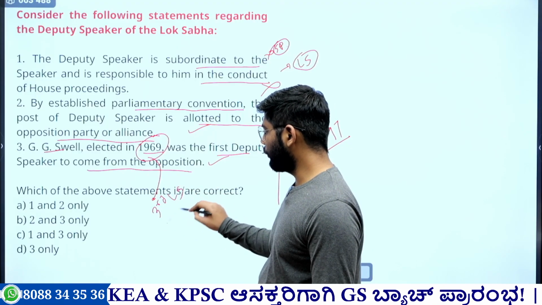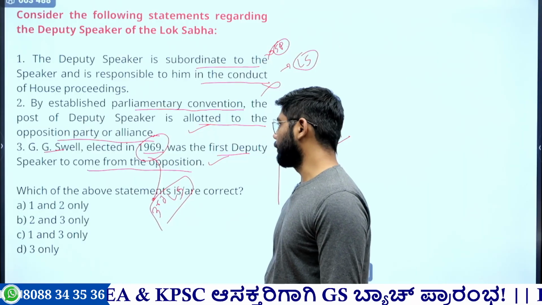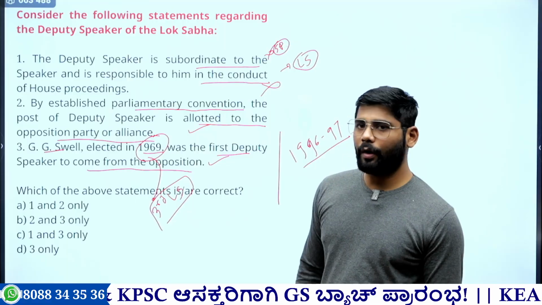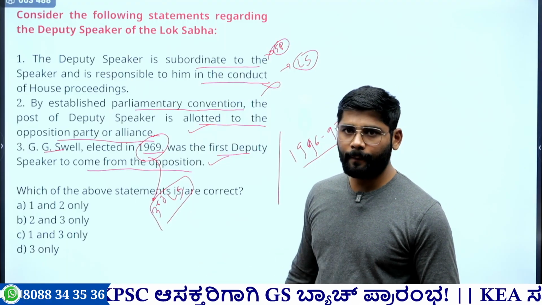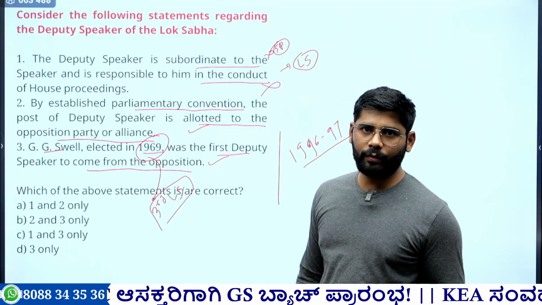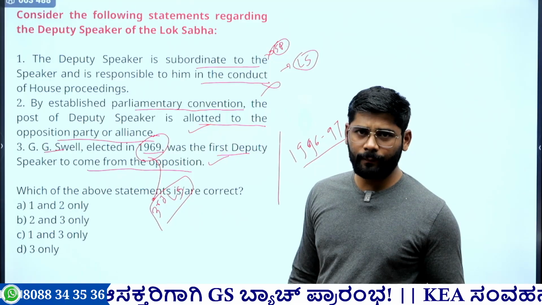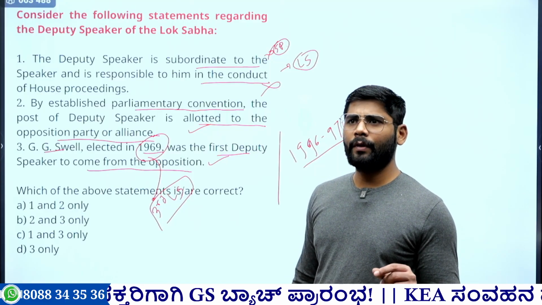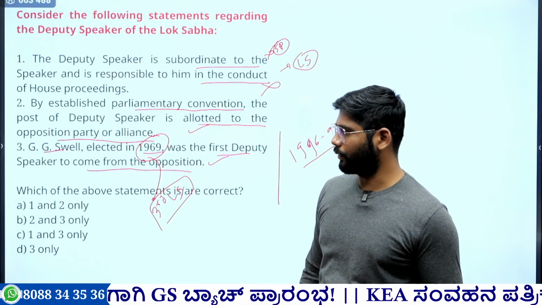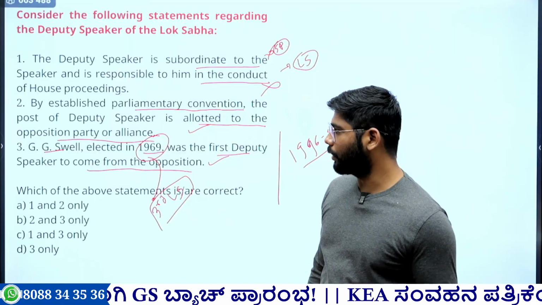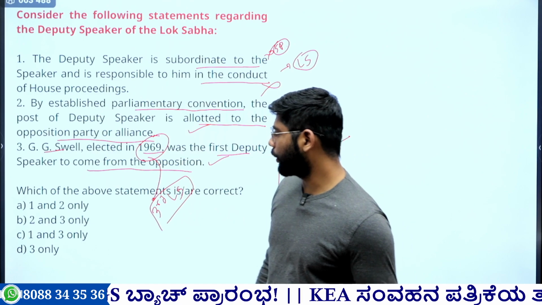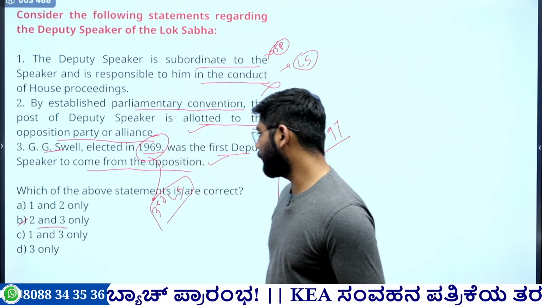From the third Lok Sabha we saw this practice of the post going to the principal opposition party, but it has been violated in recent years. From 2014 the post was not given to an opposition member; it was given to a member of the ruling alliance. From 2019 there is no Deputy Speaker. So the second and third are correct, the first is wrong, so the correct option will be B.